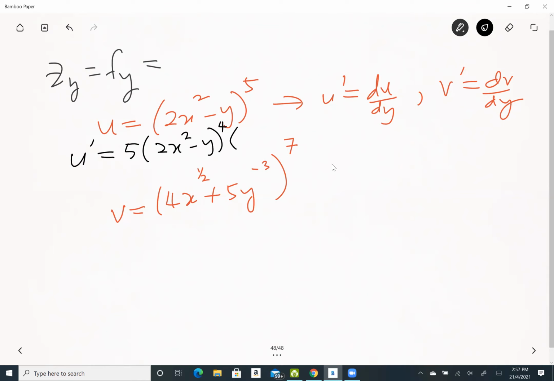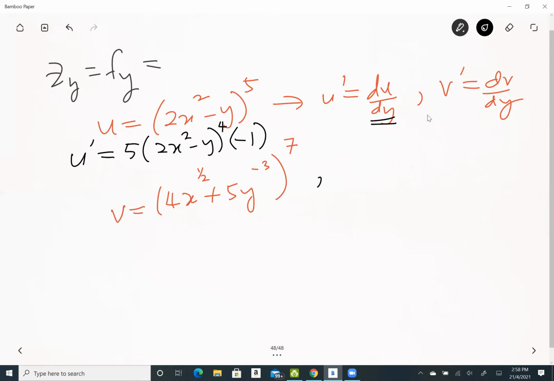Now, how do you differentiate the terms in the bracket? That will be the difference. What is the derivative of the term in the bracket? -1. All right, because you are now taking du dy. x is the constant.